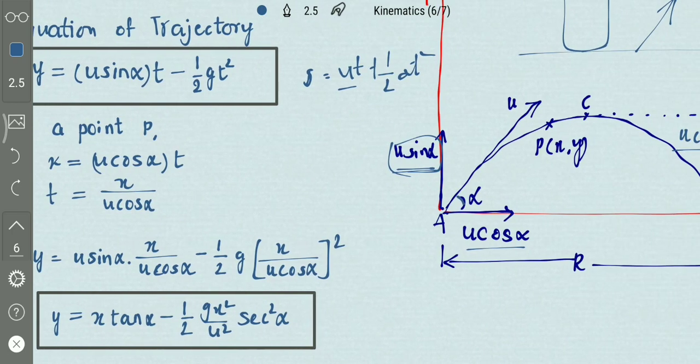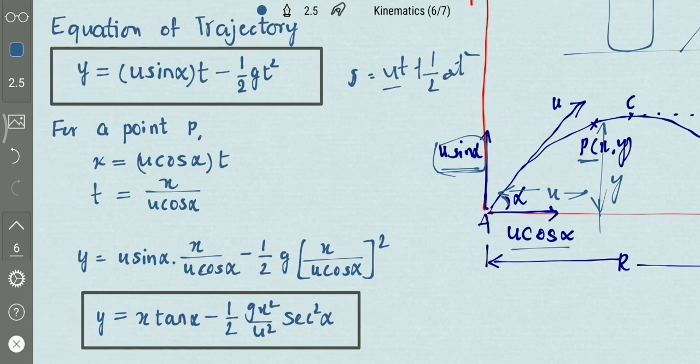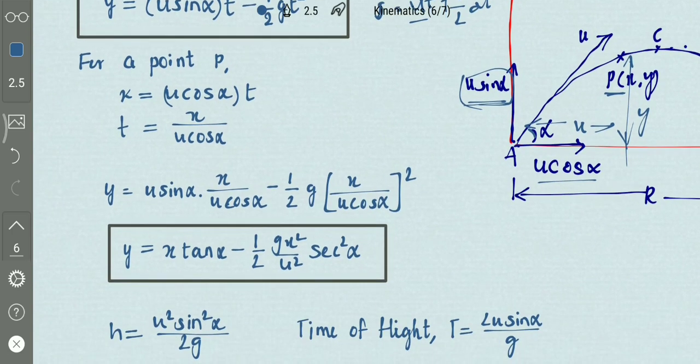If you consider a particular point P, reached by traveling a distance x, with height y, then to reach distance x, x is u cos alpha into t, because velocity is given by distance by time. I have said that the horizontal velocity will be constant throughout this path.